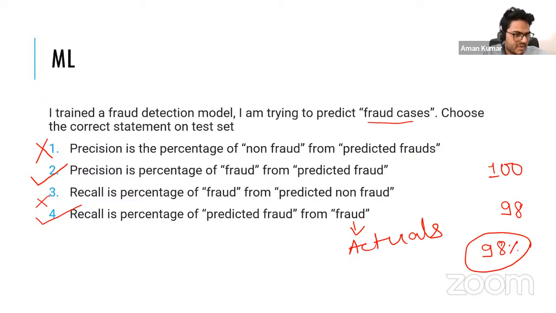He's saying the numerator of recall has true positives. Yes, recall is TP by TP plus FN.